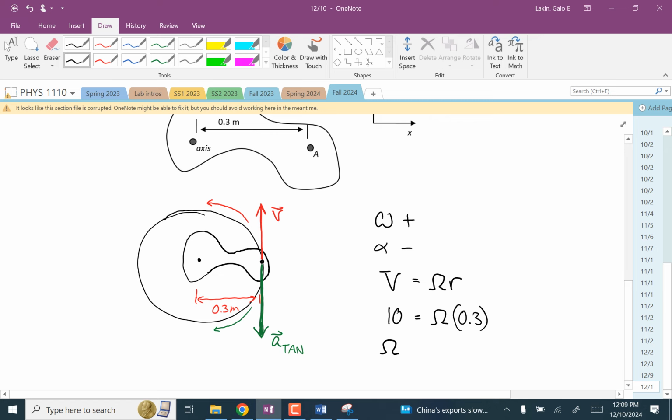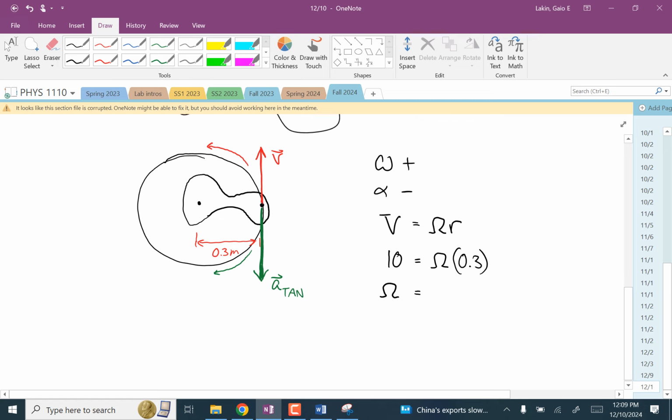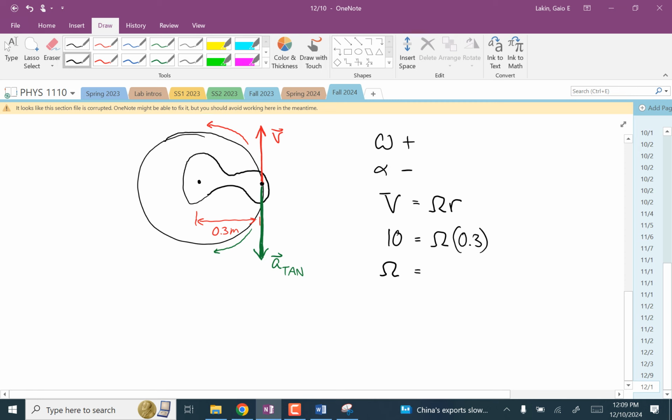And so capital omega is 10 divided by 0.3, which is 33.3 repeating radians per second. Now to turn that into the angular velocity, we just need to think about the sign of it.